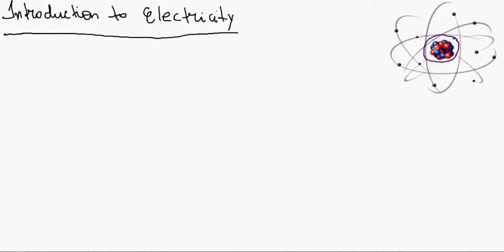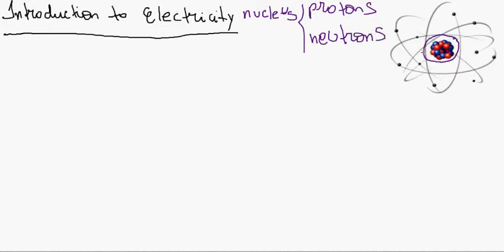So basically in the nucleus we have two kinds of particles: protons and neutrons. And orbiting the nucleus we have the third particle, electrons.